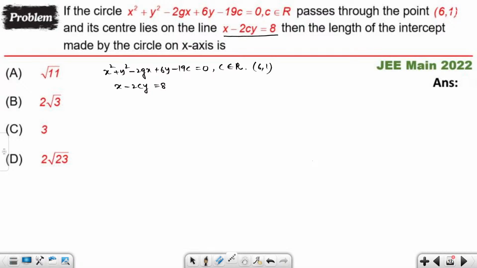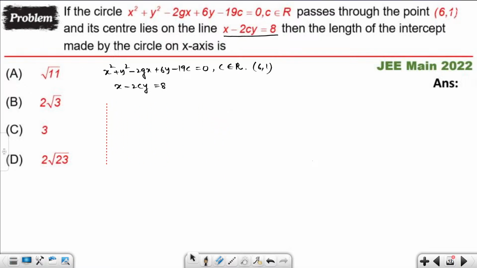Let me draw the diagram first. Now the circle passes through the point 6, 1, and its center lies on this line.